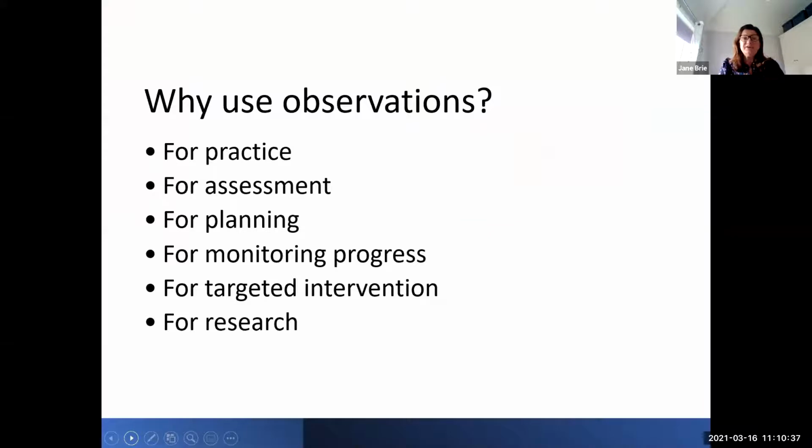So why do we use them in early childhood? Well, for practice, absolutely. In practice, within EYFS, within Key Stage 1 and beyond, teachers will use observations, not as the main formal assessment mode, as that's EYFS, where observation is the main sort of assessment. That's how we assess young children.